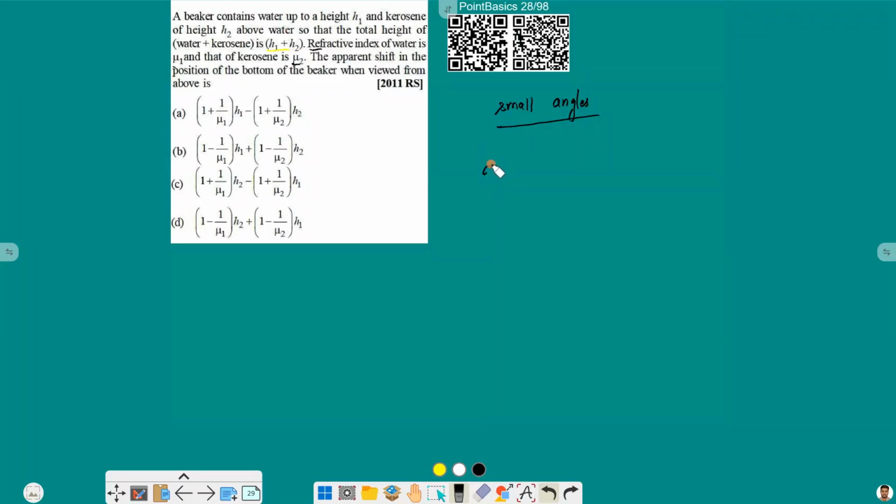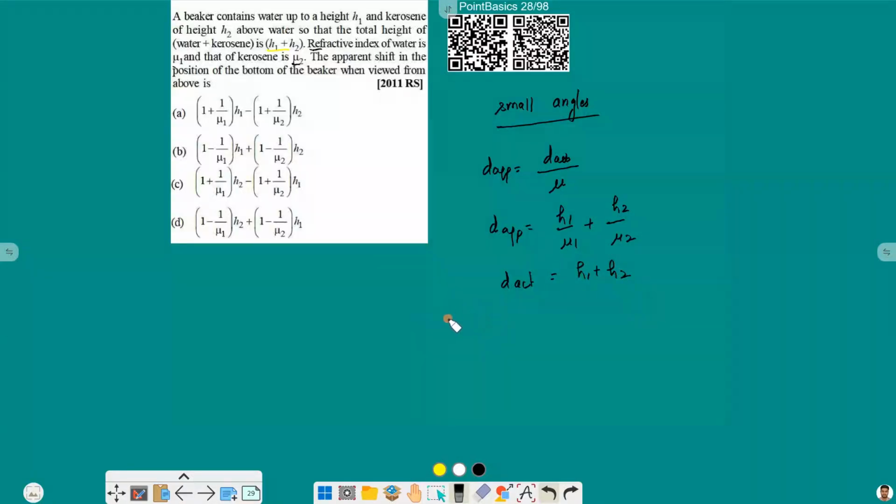So we know that d apparent is equal to d actual divided by refractive index, and here we have two heights and two refractive indexes. So total d apparent will be equal to h1 by mu1 plus h2 by mu2, and actual length d actual will be h1 plus h2.